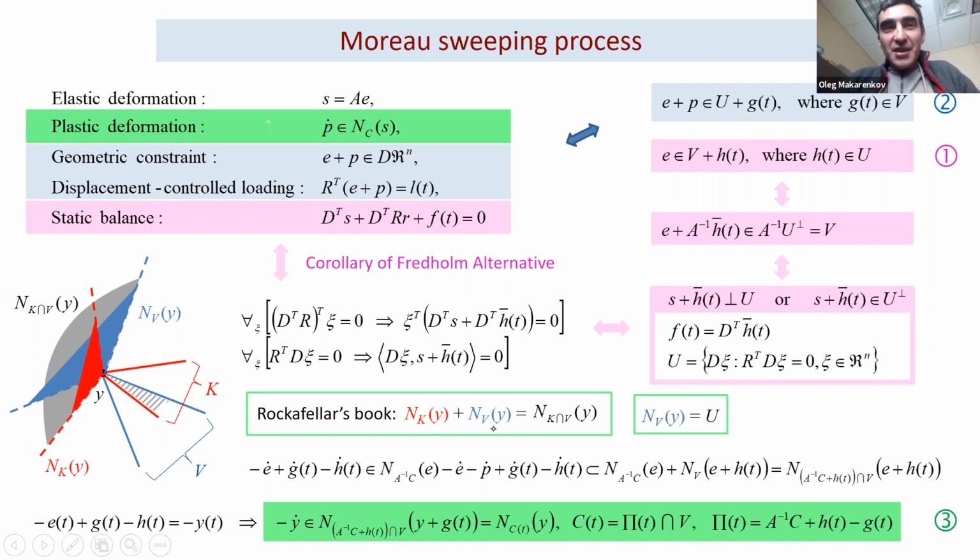But then the question is, now we want to use this reduction formula in order to reduce the dimension of this sweeping process. But we don't have any other normal cones here. We have just N_C of S. And then we introduce artificially this additional normal cone.